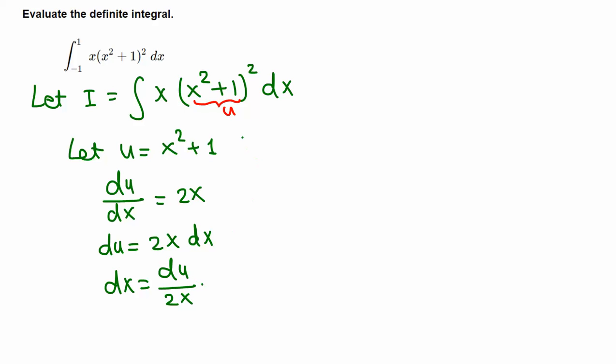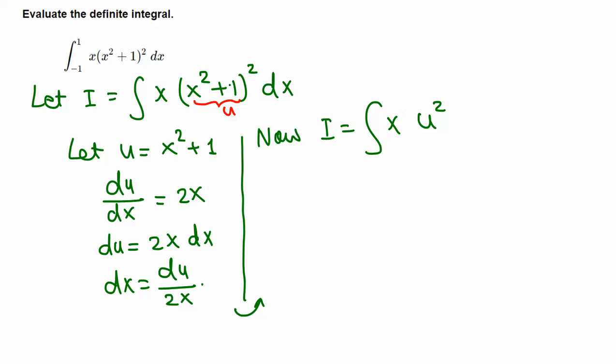Okay, with this substitution, now our indefinite integral I becomes x times u squared, now dx, that is du over 2x. Okay, now this x on the top and x on the bottom cancel, so we are left with u squared du over 2.